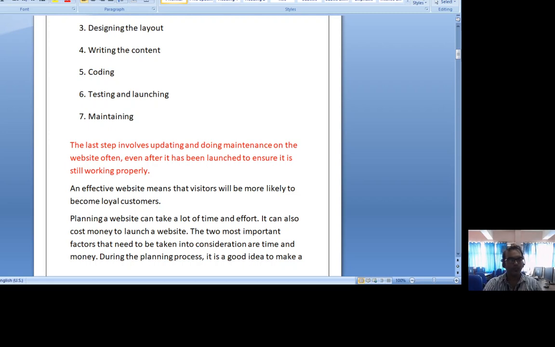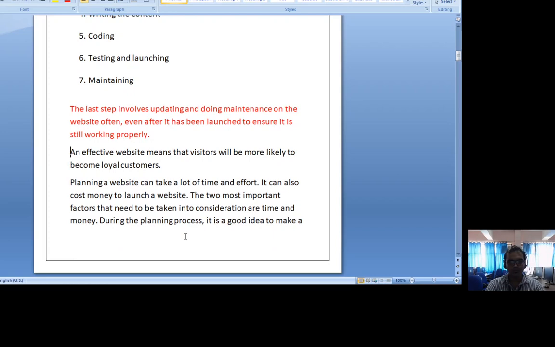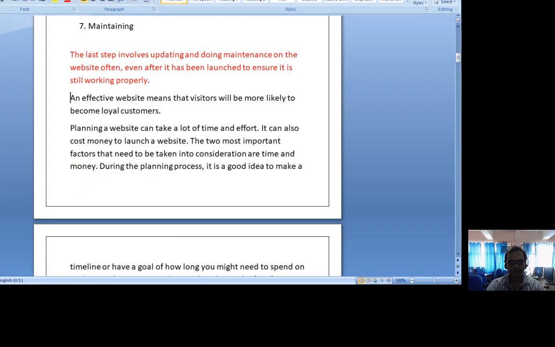Now, further, we move to elaborate those steps. Let's move to elaborate those steps. The steps we need to understand deeply, from which we are able to make an effective website that a visitor will more likely become a loyal customer.